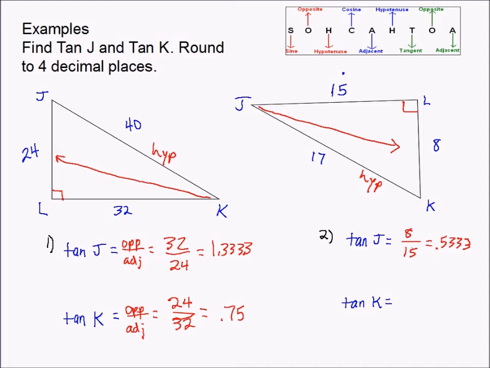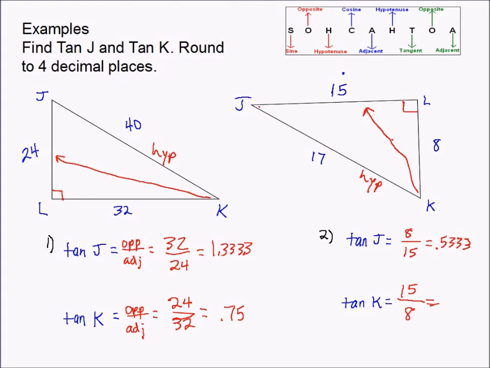And then if I'm talking about angle K, hopefully this is starting to sink in a little bit. Here is the side that is opposite of angle K, so it's going to be 15. And since this is the hypotenuse and we're not talking about the hypotenuse, the adjacent side has to be 8.